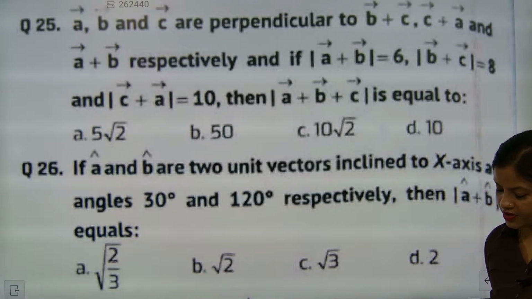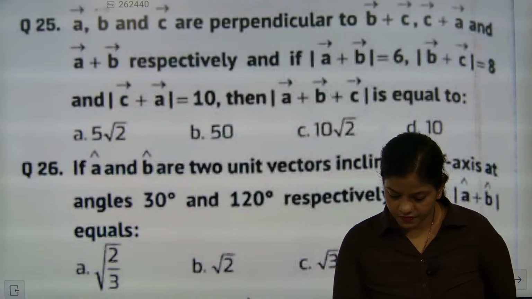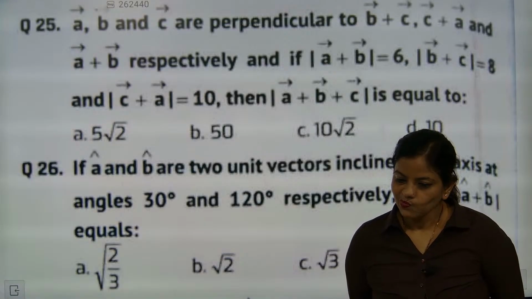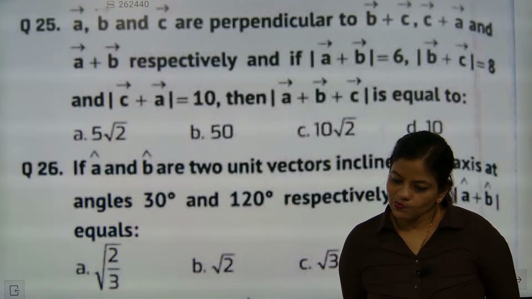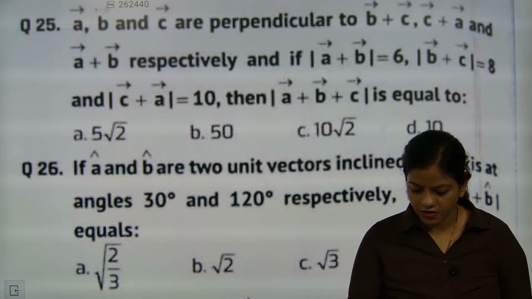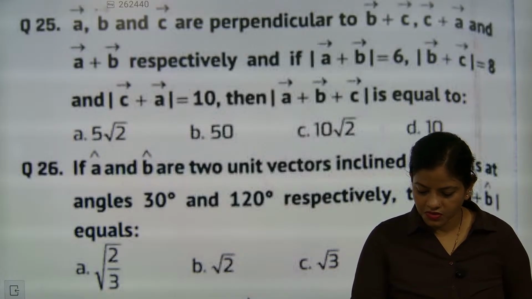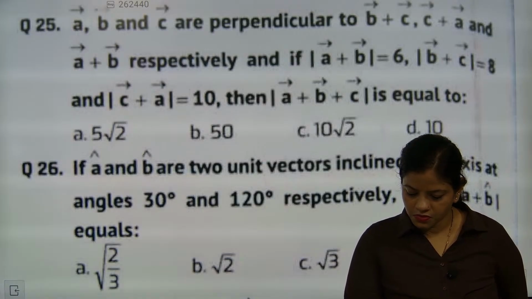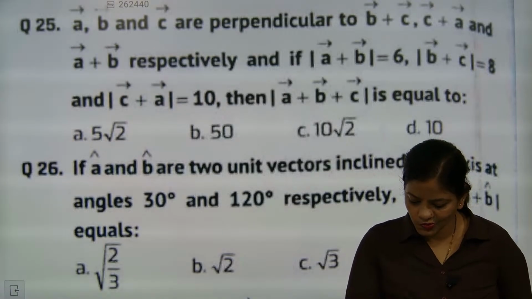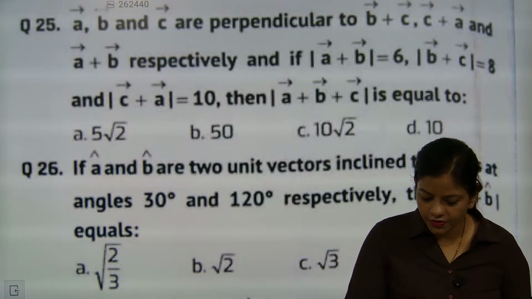For them, the board exam is already over. It's a clear-cut question. Go for it. One shortcut technique I taught you.